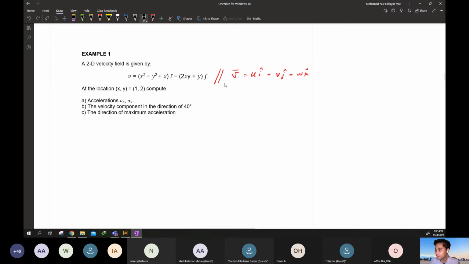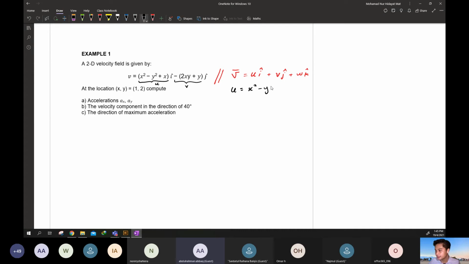So what does the u represent and what does the v represent? Anyone would like to try? The u represents the x. X only? Okay, x squared minus y squared plus x, this is u and this is v.